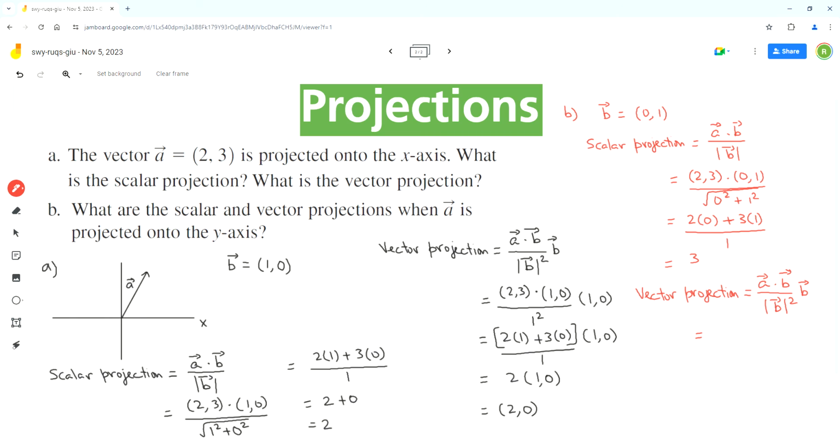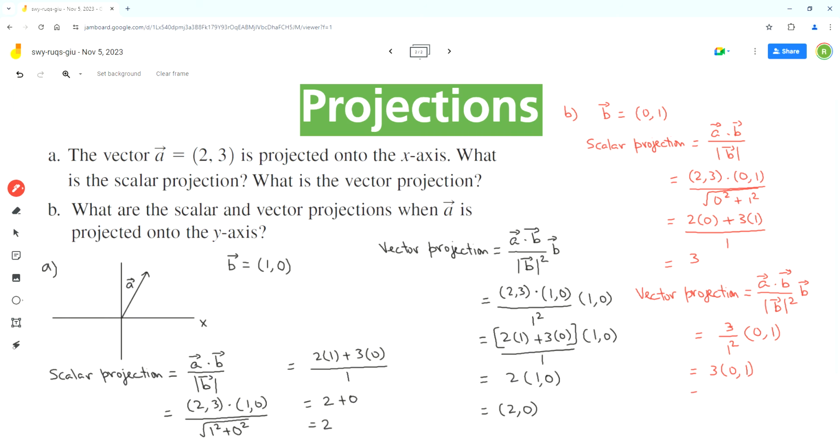Dot product in the numerator is equal to 3. We calculated that for the scalar projection. The magnitude of vector B is just 1. So 3 over 1 is just 3.